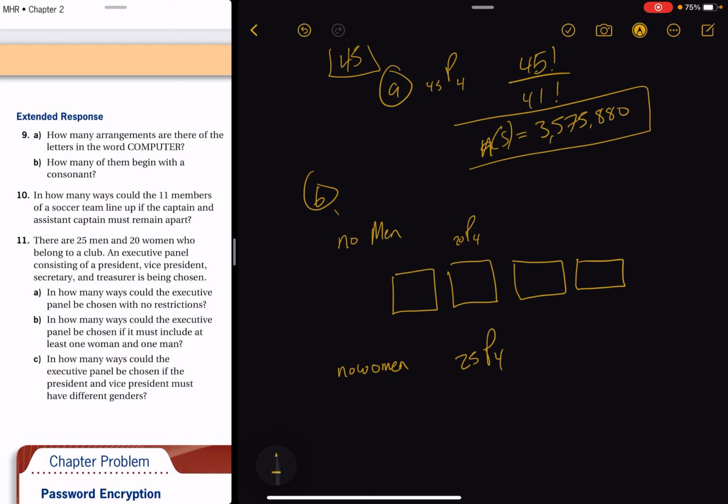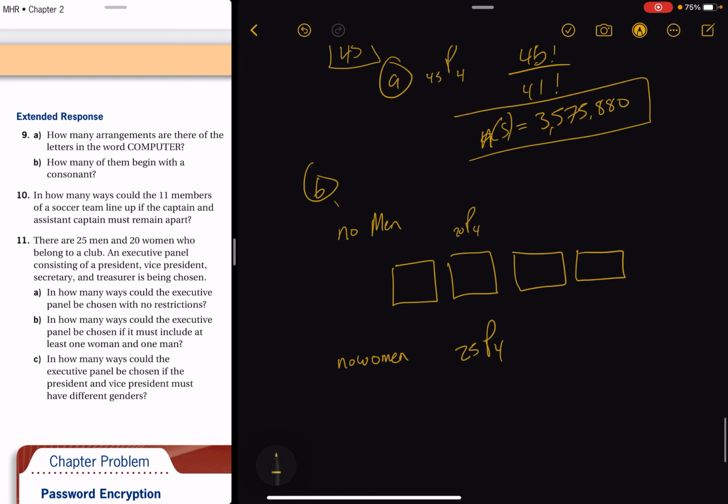Choose 4. Okay? And how does the question say? At least one woman and one man. So we're going to subtract all the ways there's no woman and all the ways there's no men. And that way we know that there's at least one woman and one man on the committee.